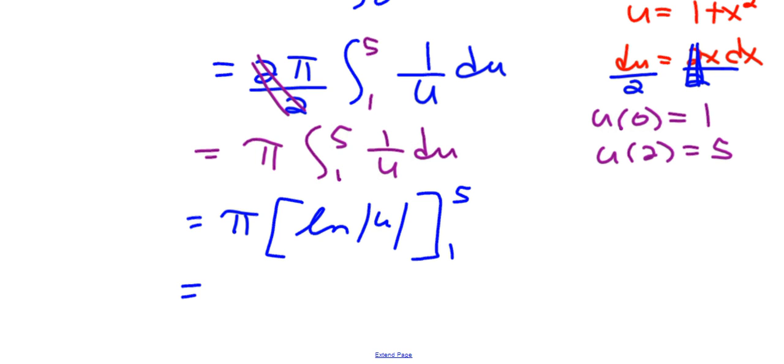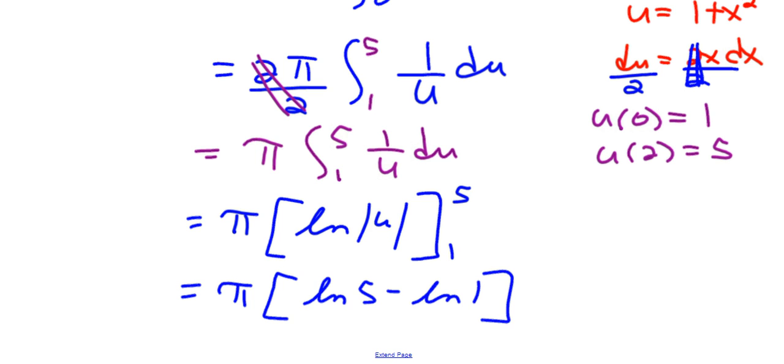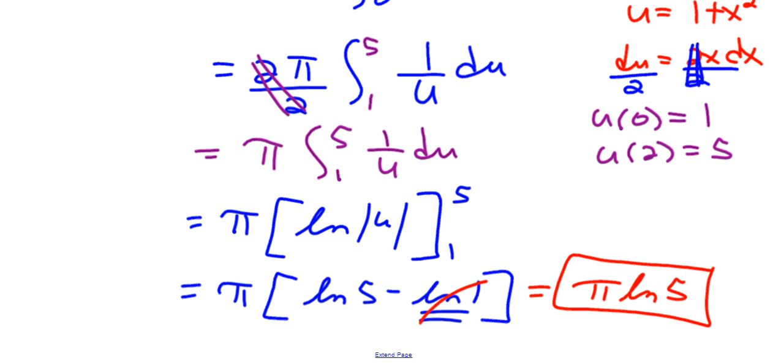This then, you have to remember some of your log rules that when we plug in our bounds, we see that anything that is base has an answer of 1, it means its exponent is 0. So this evaluates to 0. And then my answer finally is pi times ln of 5.